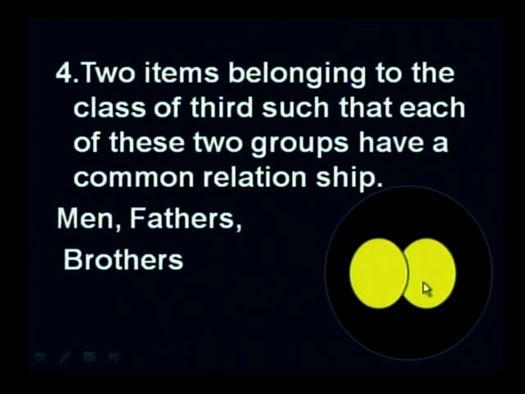Some of the fathers can be brothers of some other people, some of the brothers can be fathers of some other people, and together they are all contained in the set of men. So, this is another kind of Venn diagram, drawn where two items belong to the class of a third such that each of these two groups has a common relationship.